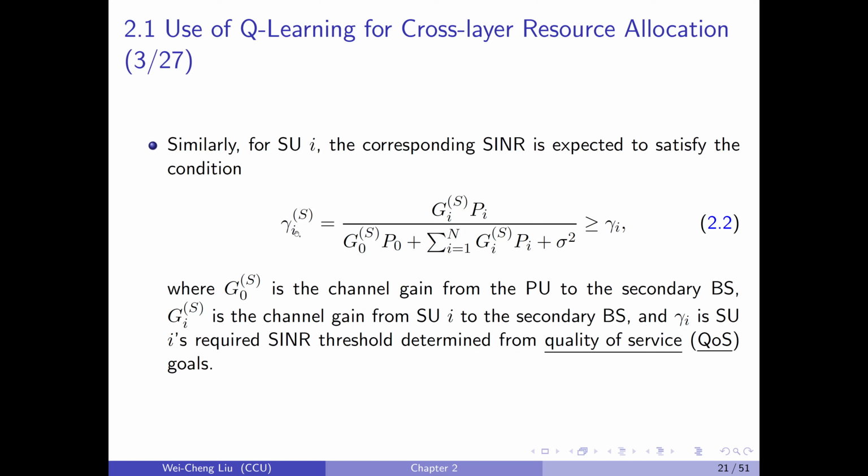Gamma_i^s is defined by this equation, which must be greater than or equal to gamma_i. And gamma_i is secondary user i's required SINR threshold, determined from quality of service (QoS) goals.